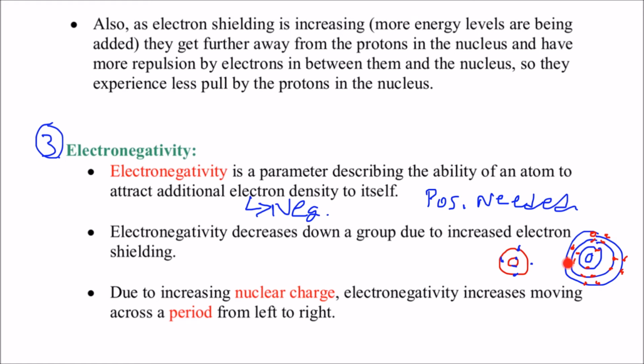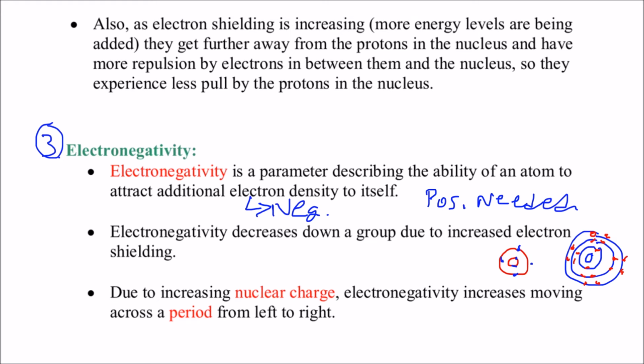So can this atom here attract new electrons to itself? Not very well, because the nucleus here where the positive charge is, it's got all these electrons in between it and the electron that it wants to steal. That means that it's not going to be able to do a very good job of taking that electron. So the electronegativity is going to decrease for this atom. It cannot do a good job of stealing that electron right there, or attracting that electron to itself.